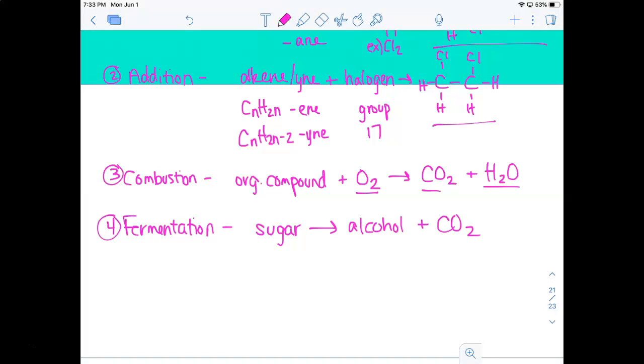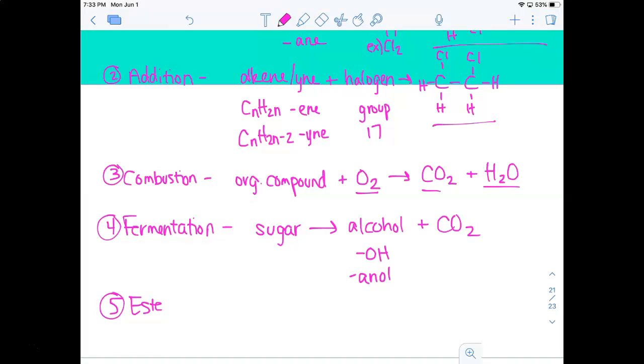If they give you a drawing, you know an alcohol is made if there's an OH sticking off of that drawing. And you don't have to memorize that, guys. You get that from Table R. Or if they give you names, all alcohols end in anol. So if you make something that ends in anol, you know that's an alcohol. That's another thing you don't have to memorize because it's on Table R. Okay? All right.